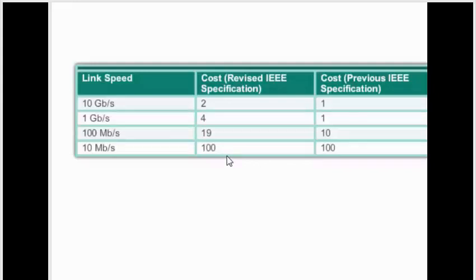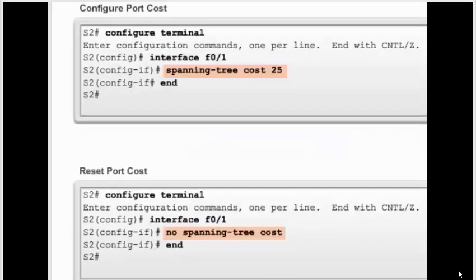Although switches have a default port cost associated with them, the port cost is configurable, and an administrator can configure the port cost and control spanning tree paths to the root bridge. Now to configure the port cost of an interface, you simply use the spanning-tree cost command in the interface configuration mode, and then you type the port cost that you want to set.